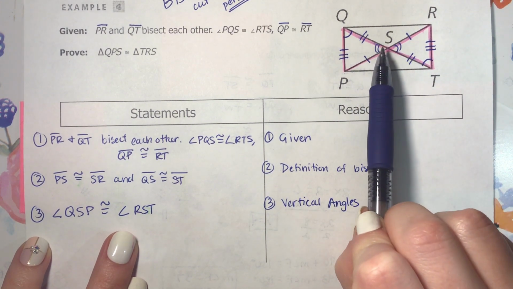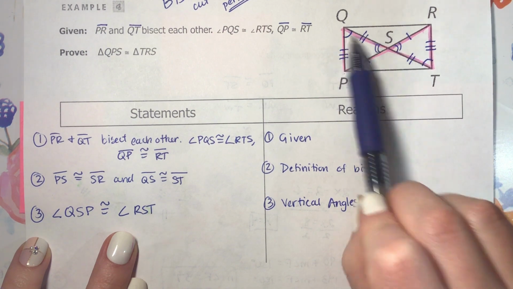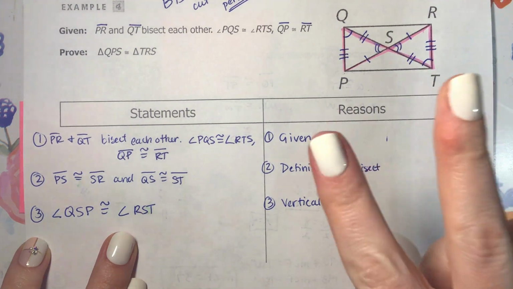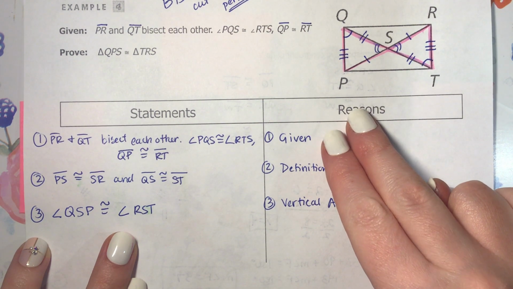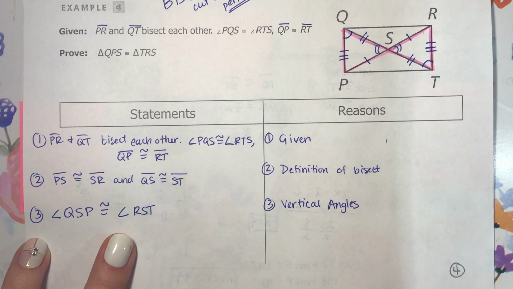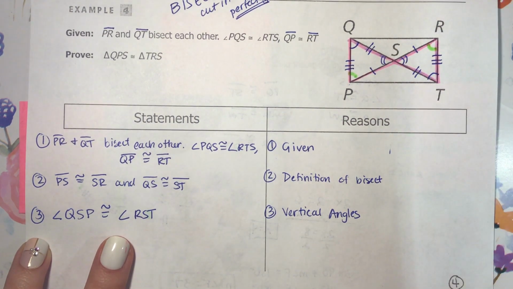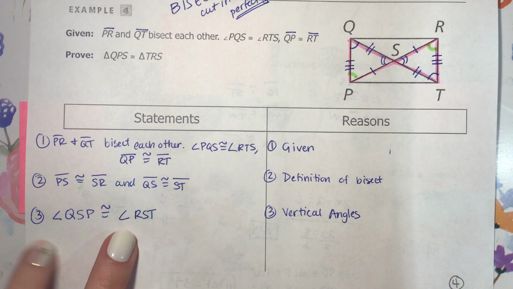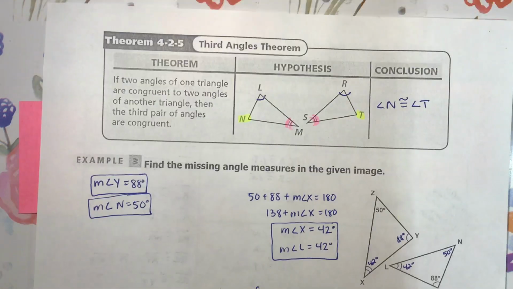So now I have these 2 guys being congruent to each other, and I also have these 2 guys being congruent to each other. Well, if I have 2 pairs of angles that are congruent to each other in 2 different triangles, that means that the 3rd pair of angles, which is going to be this guy down here and this guy up here, they must also be congruent to each other because of the 3rd angles theorem that's at the top of this page that we just talked about.